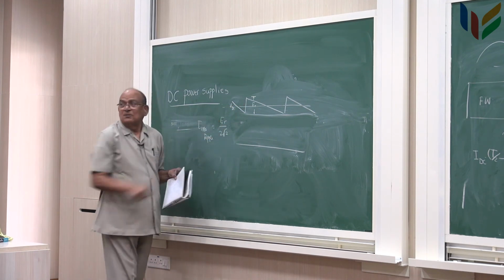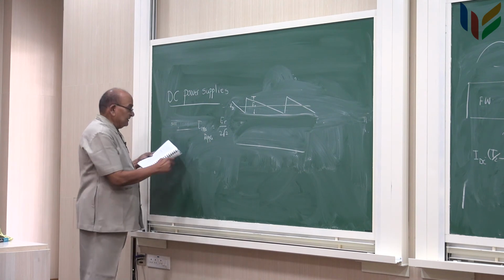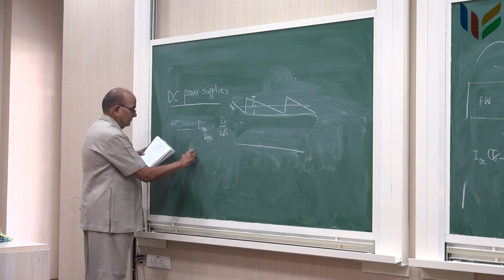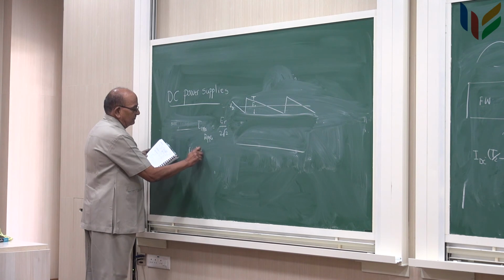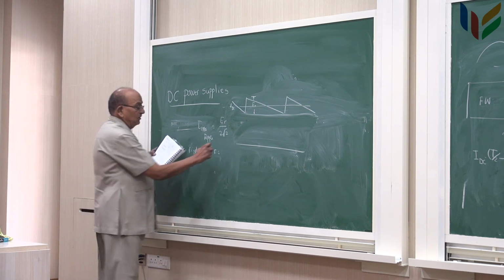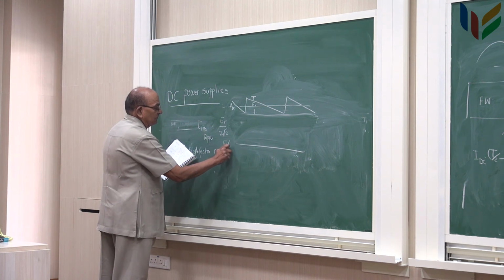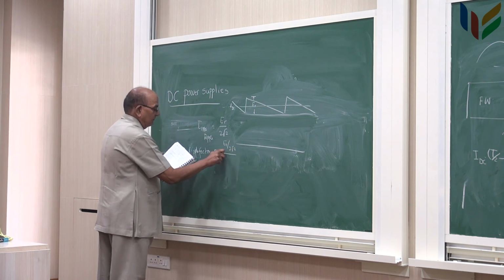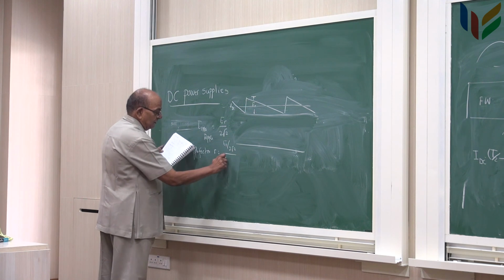This is the RMS value of this, and the ripple factor R is equal to ER by 2 root 3 divided by EDC.